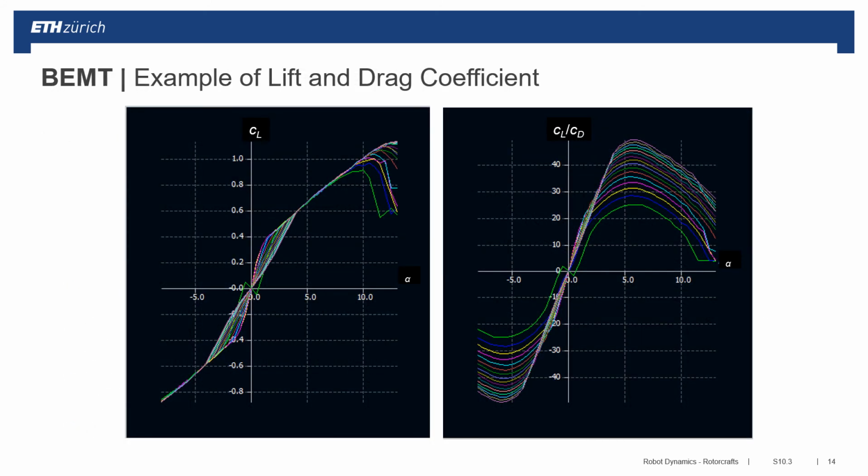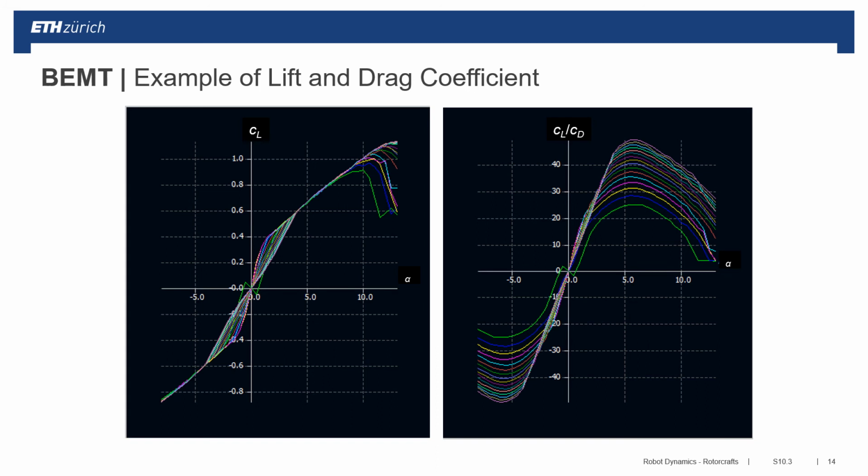On this slide you can see an example of the lift and drag coefficient of a certain propeller blade as a function of the angle of attack. On the left side you see the lift coefficient as a function of the angle of attack. You can see that the lift coefficient will rise with the angle of attack, but at one point you will have a stall and the lift coefficient drastically drops.